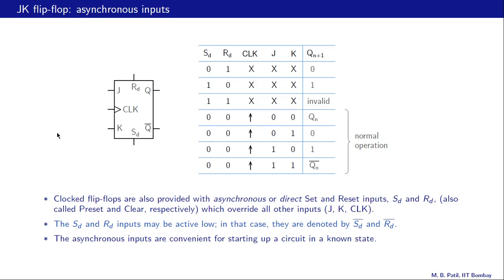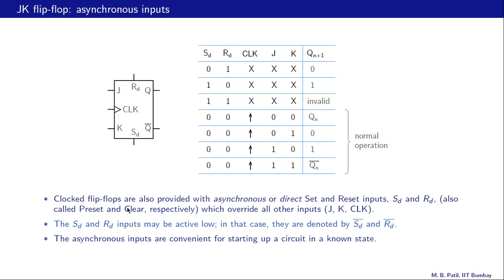Let us now discuss something called the asynchronous inputs. And the meaning of this term, asynchronous, is something which is not related to the clock. And we will see why these are called asynchronous inputs. Let us make a few points first.